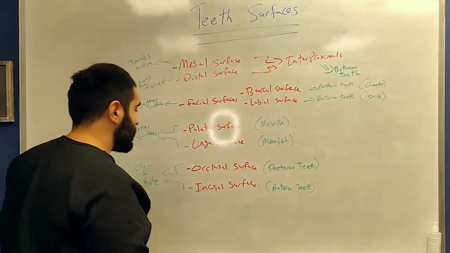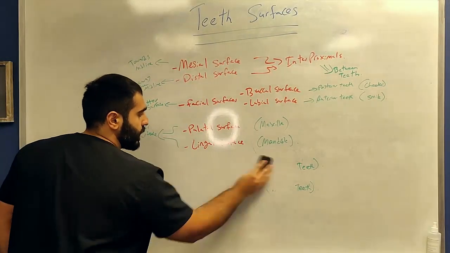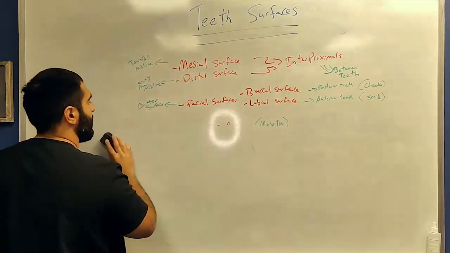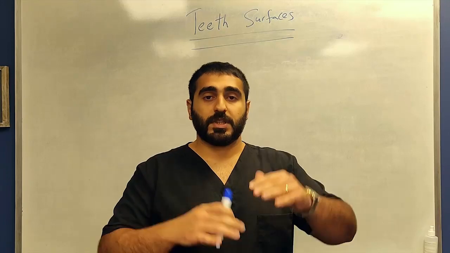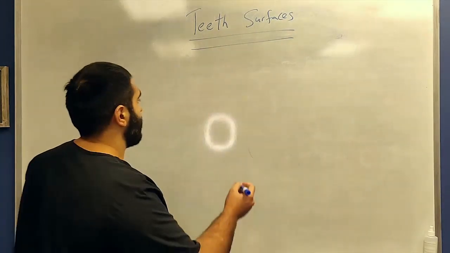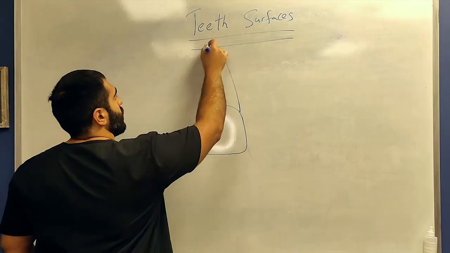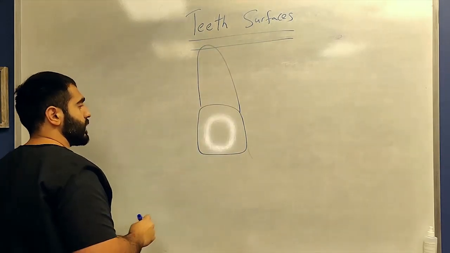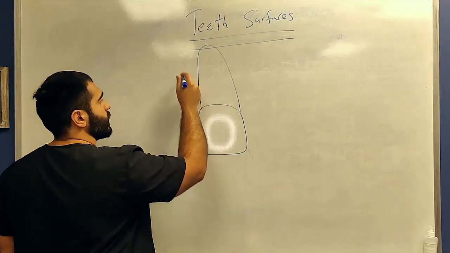All right, I'm going to erase this, and we will go over one other thing in this section. Another very important way we cross-section crowns is we split them into three different parts. Basically, I'm going to draw a maxillary central incisor. Now, it's not the best, but you'll get the point across.